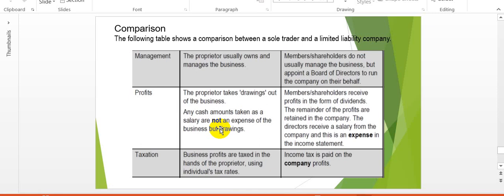The profits for a sole trader belong to the sole trader.